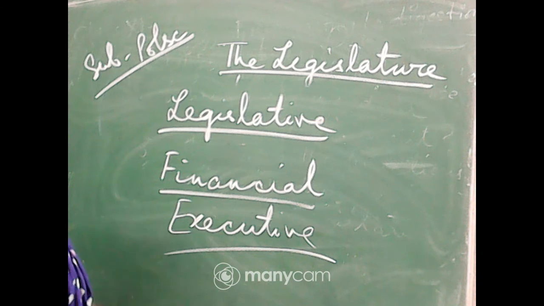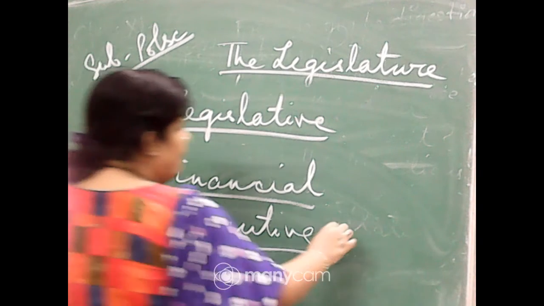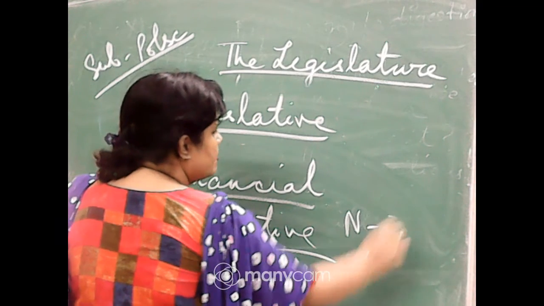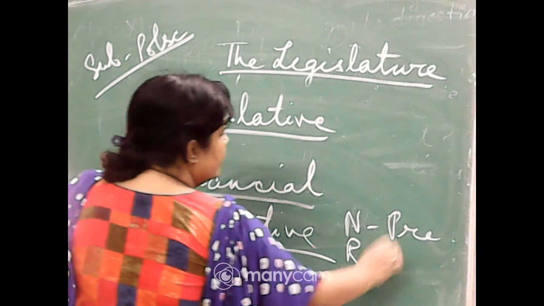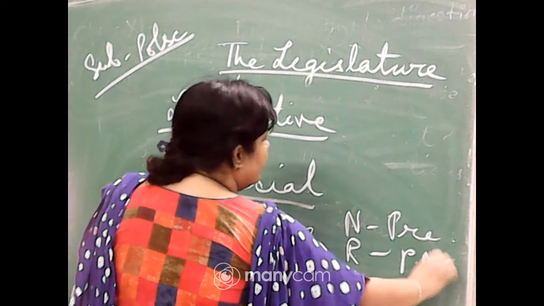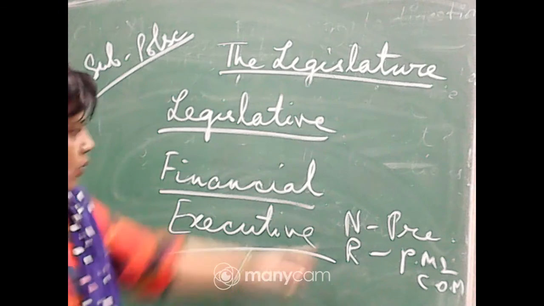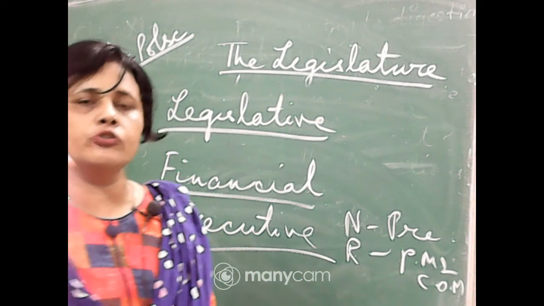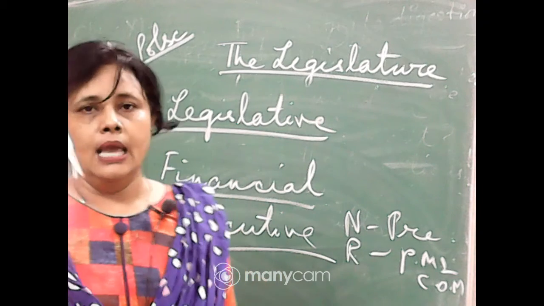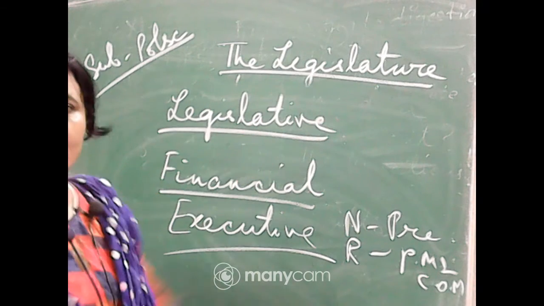So, executive power means power to control the executive. As India is a parliamentary form of government, there are two forms of executive. Nominal executive, that is the president. Real executive, that is the prime minister and council of ministers. Clear? If you want to remove the president of India, this also has to be introduced in the form of a bill, and as it is an ordinary bill, it can be introduced in either of the two houses.